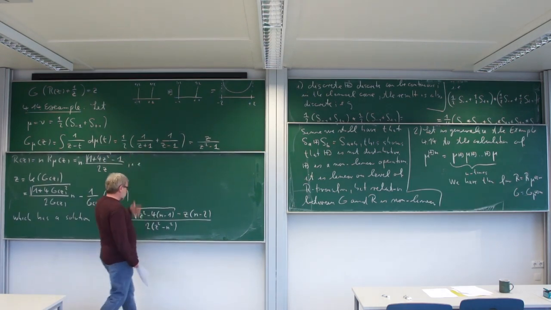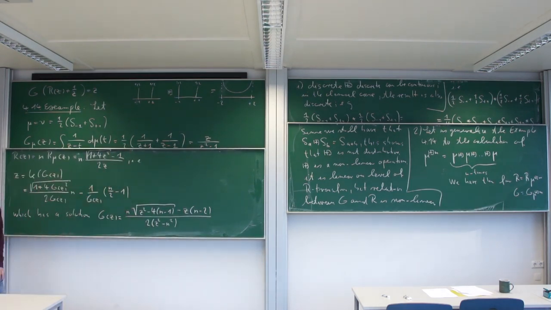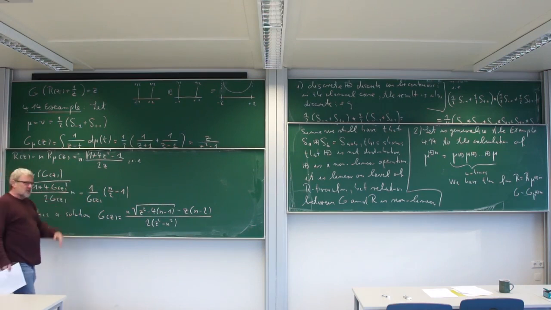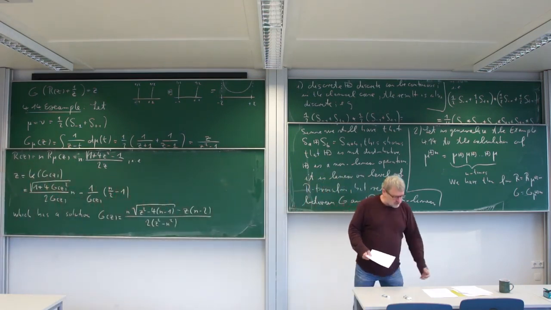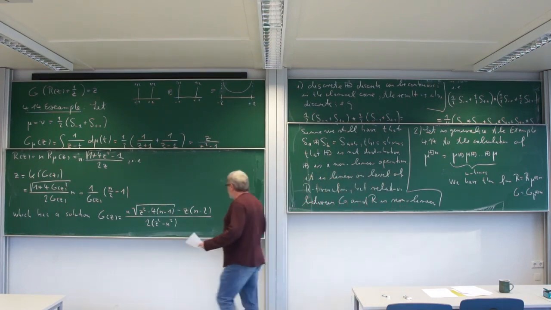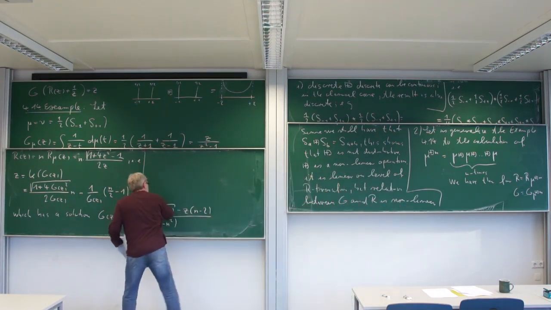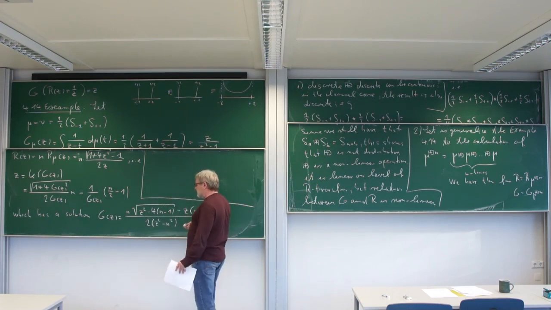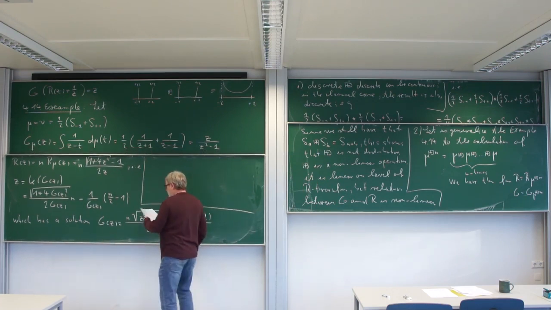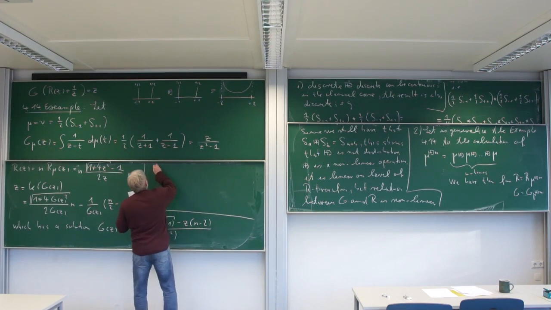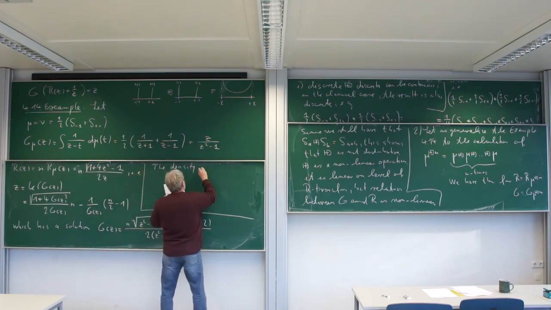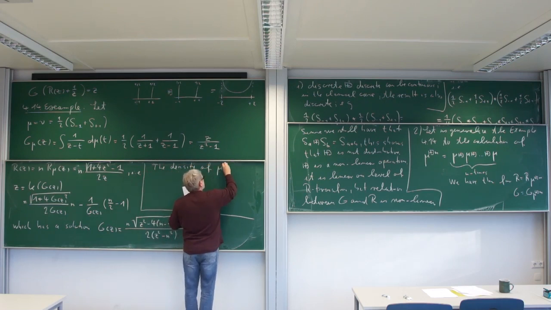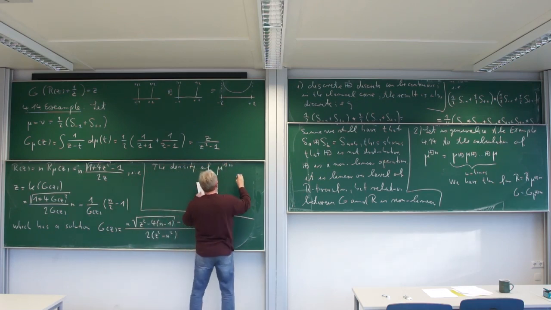But now we have it for general n, and I can now use the Stieltjes inversion formula. Again, this is something which makes sense as an analytic function for the half plane, so I can use the Stieltjes inversion formula, and I get essentially the density of mu to the n.